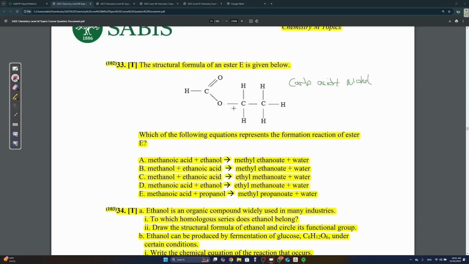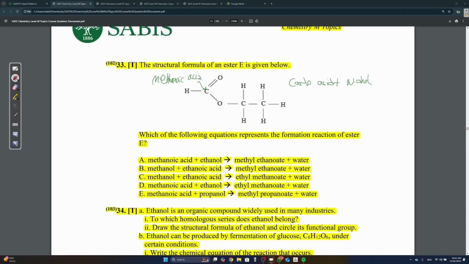Which one is added to which one? Over here, you only have one carbon. So what type of acid is it? It's methanoic acid.